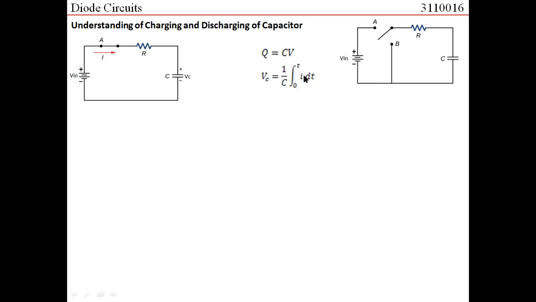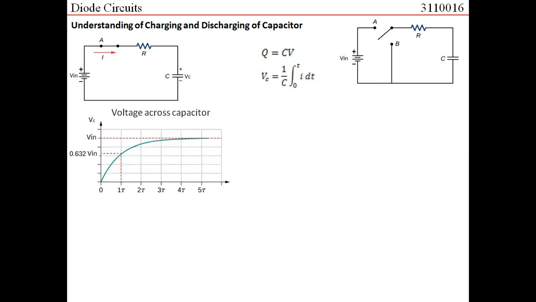So as the current flows through the circuit, the voltage across the capacitor starts increasing. What would be the nature in which this voltage would increase? This is again something you might have studied in the basic course on electrical engineering, charging and discharging of a capacitor in an RC network.